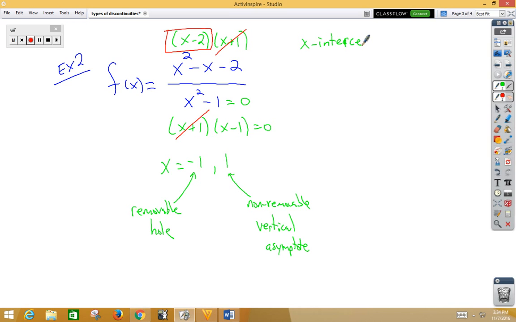And an x-intercept has nothing to do with whether it's defined or not defined, whether it's a discontinuity or not. So that x - 2 we can ignore for now, but know for the future that that means at x = 2, the graph is going to cross the x-axis.